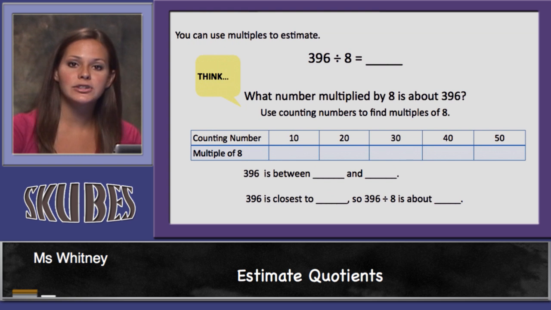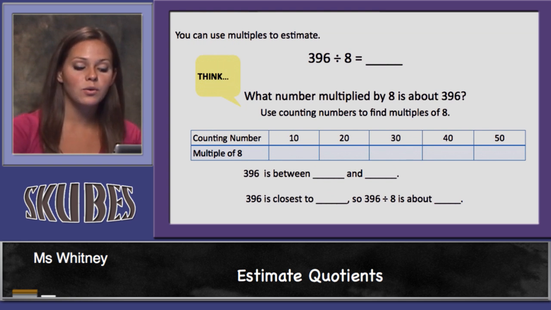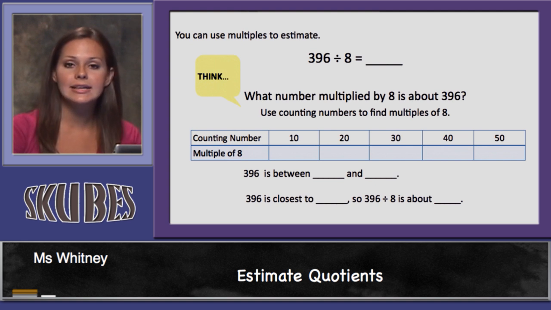Let's estimate 396 divided by 8. We're going to think, what number multiplied by 8 is about 396?